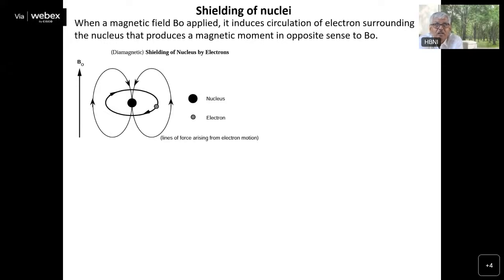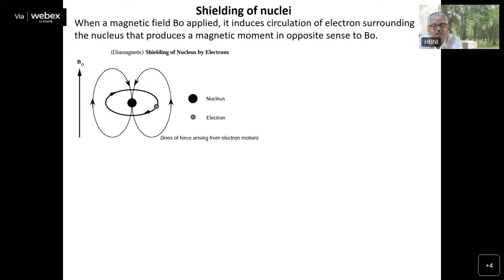That produces a magnetic moment in the opposite sense to B0. You can see that it has been shown there. The nucleus, the electron is circulating. It should actually be shown in 3 dimensions, spherical in nature, but I'm showing it in 2 dimensions, and you can see the magnetic moment which has been produced, and it is opposing the applied magnetic field.